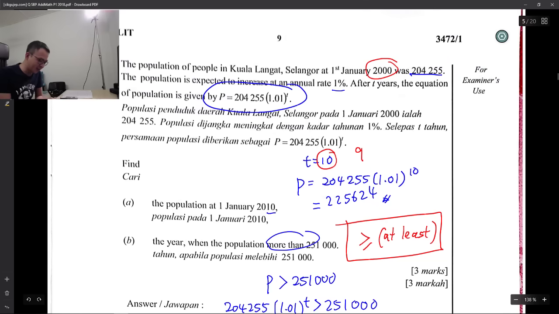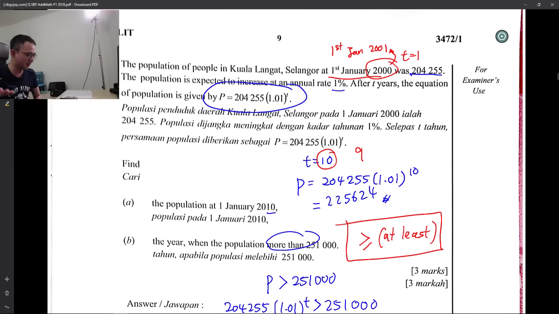But if we go until the first day of January of 2001, the duration is 1 year, right? You've already passed 365 days. So when 2000 to 2001 is considered 1, then from 2000 to 2010 is considered 10 years. t should be equal to 10.